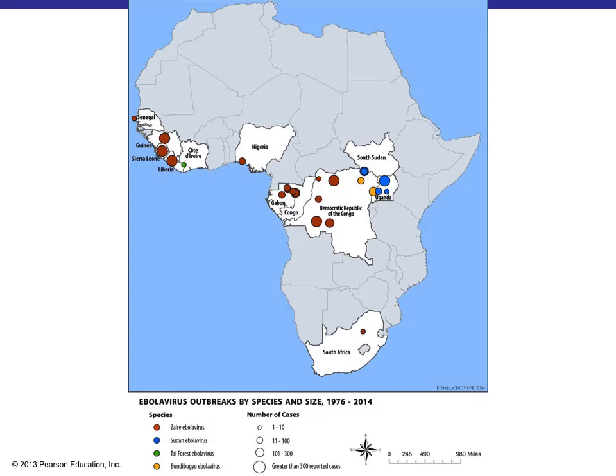The dot that you see there in South Africa was a patient who traveled from an infected zone to South Africa to be treated in a hospital, and who subsequently died in that hospital, but not after also transmitting the virus to one of the healthcare workers who treated the patient without knowing that he actually came from an Ebola epidemic area.